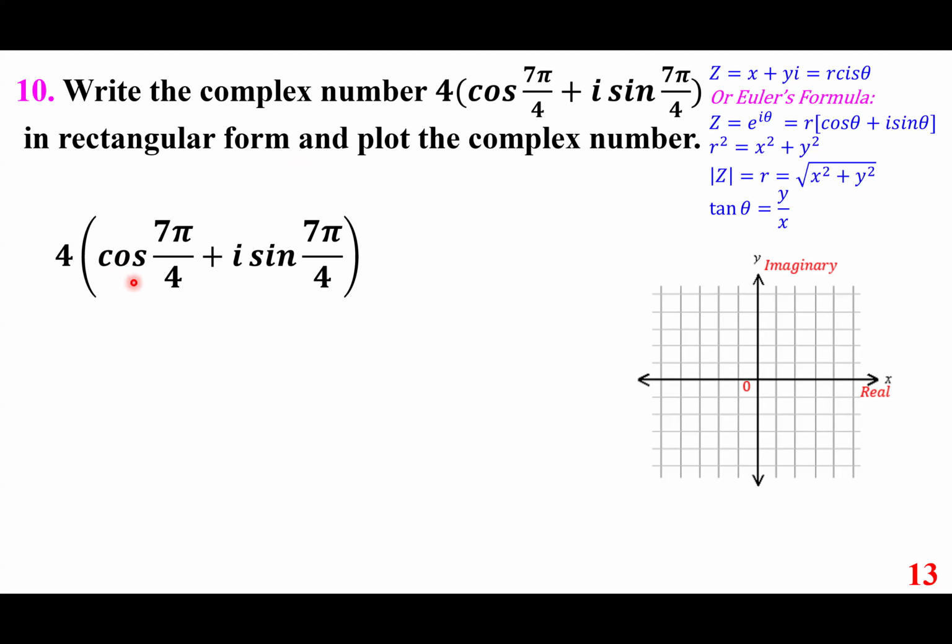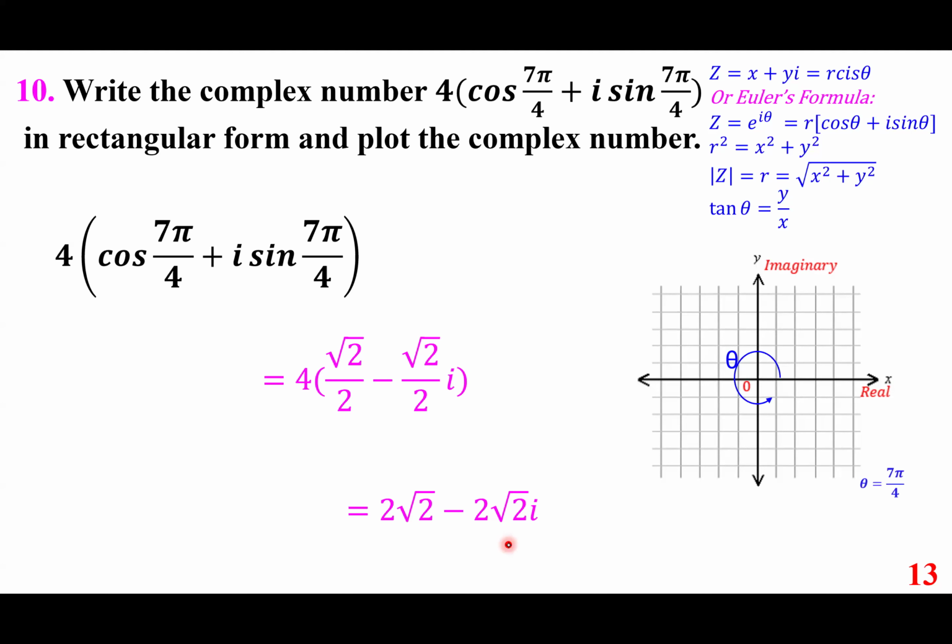And 7 pi over 4 cosine is positive in the fourth quadrant. This is the fourth quadrant. So positive square root of 2 over 2, but sine is negative, minus square root of 2 over 2. You multiply the 4, and this goes away. So we get 2 square root of 2 minus 2 square root of 2 i. So 7 pi over 4, you draw a line, and you go 2 times square root of 2, 2 times about 1.4, about 2.8 tick marks.